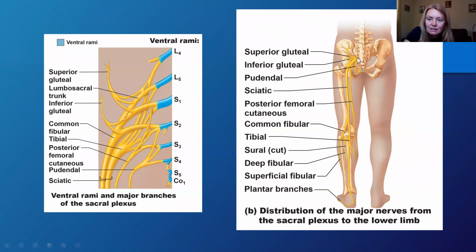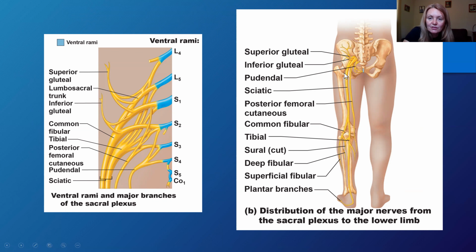So over here you can see that's our big sciatic nerve. And here when it comes to the popliteal region, it becomes the tibial and common fibular nerve right there, and they innervate most of your leg and foot.